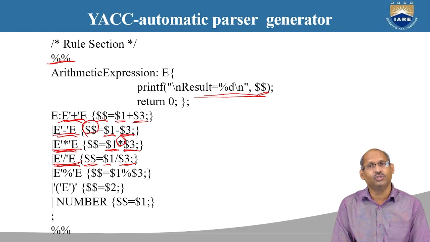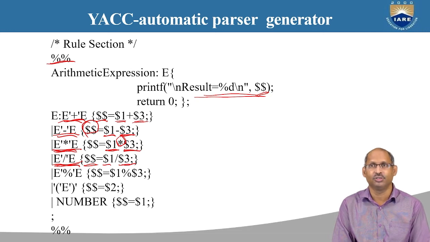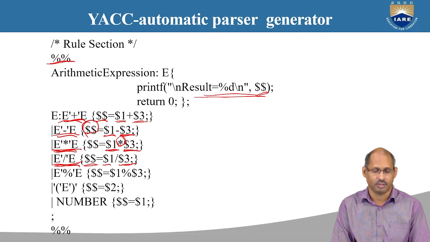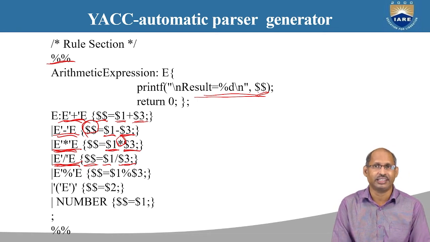The division value is stored in the double dollar sign that is used in the printf statement to print the result of the division. So this double dollar sign value is calculated from these expressions.